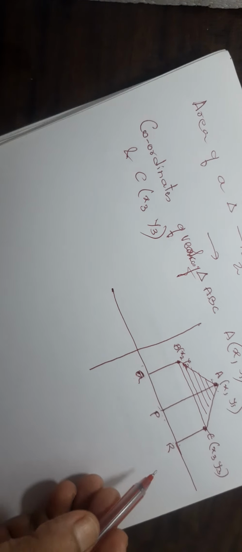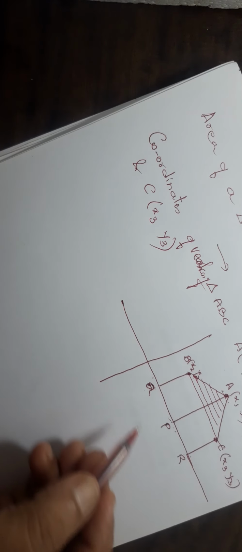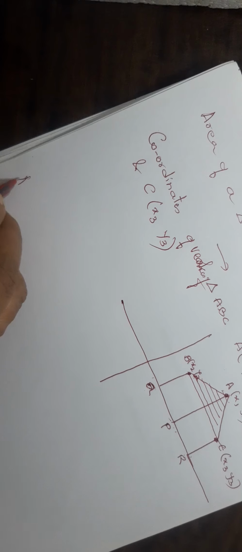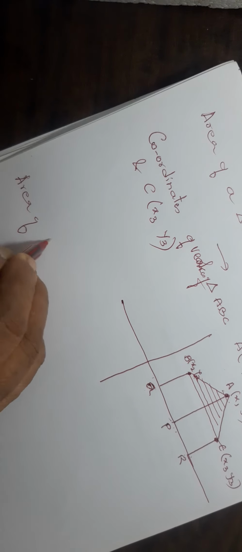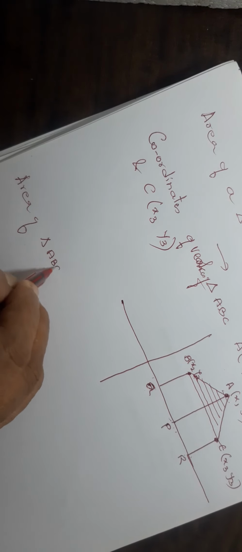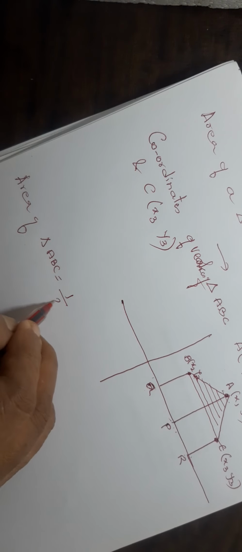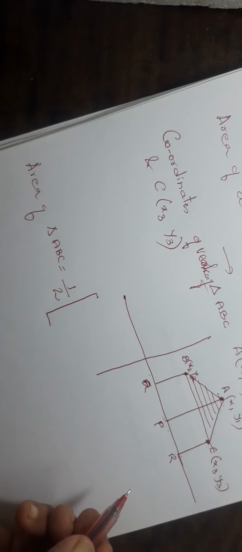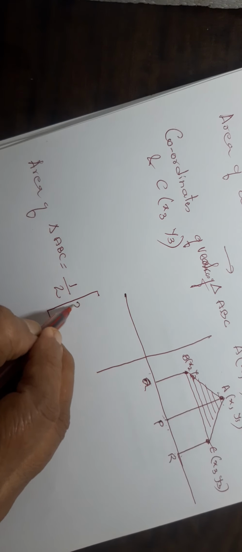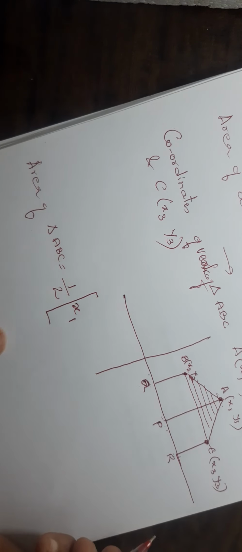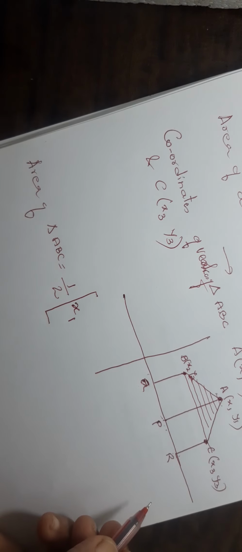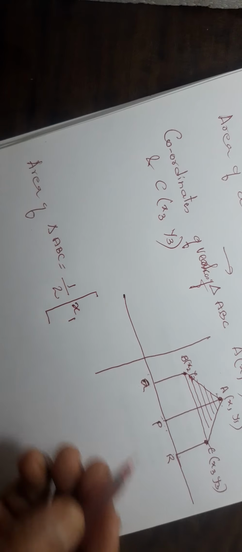So what we do is, we are just going to give you the formula. The area of triangle ABC is equal to half. You have to remember this formula and then do the sums. It is a very interesting formula, but you have to practice it by writing, then only you will remember it.